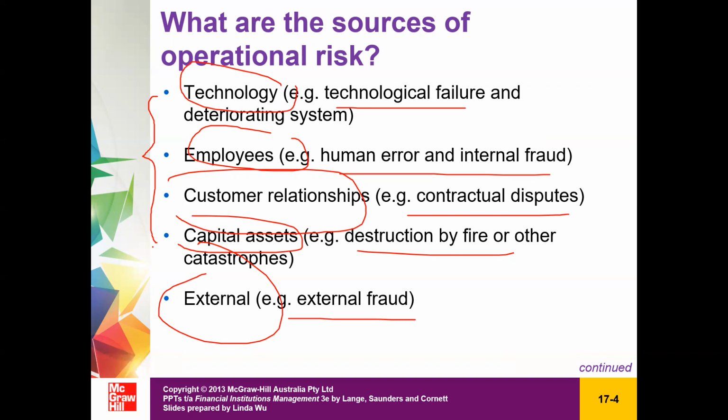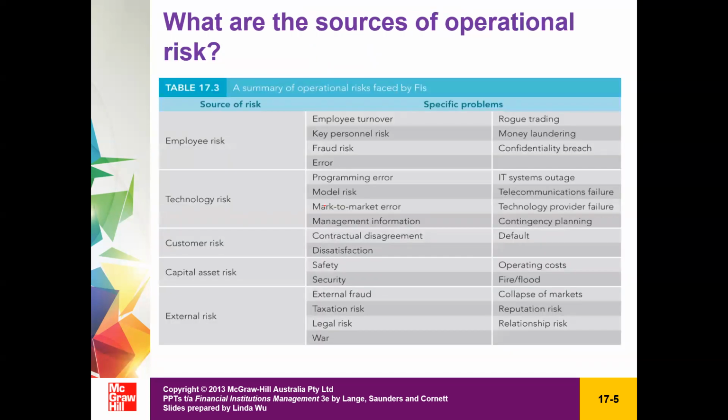Increasingly important to the profitability and riskiness of modern financial institutions has been item number 1, technology. In the next slide, you will find a few other examples of the sources of operational risk, like employee risk, technology risk, customer and capital risk, and external risk, and many examples for each of the types of risks.